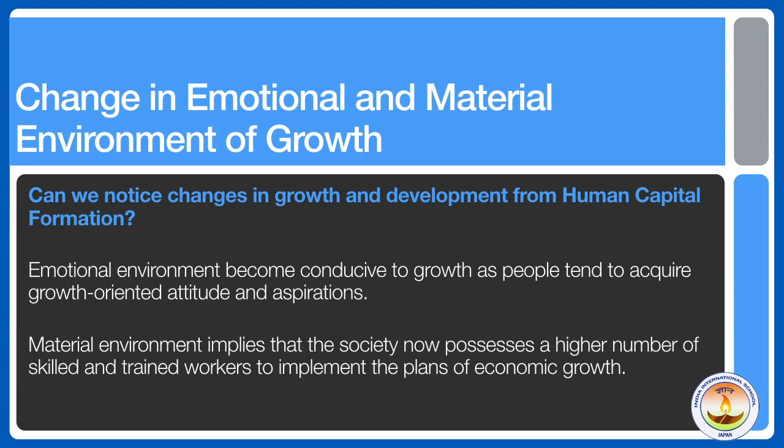And the material environment means, well, now that all the people in society have higher levels of skill, they want to work in a way to be kind of productive. And as a result of that, all of society benefits. So the material environment implies that society now possesses a higher number of skilled workers, and the emotional environment means each individual worker feels motivated or the desire to want to work.